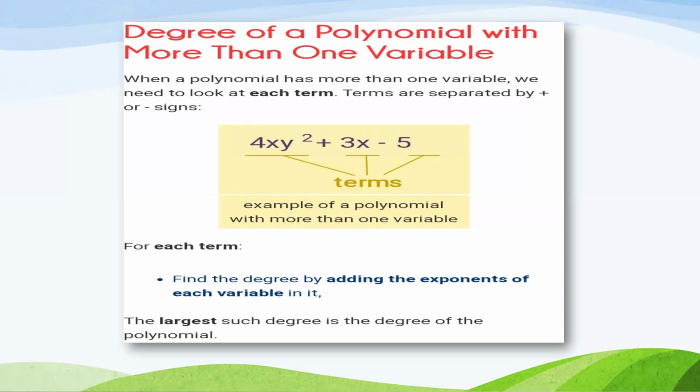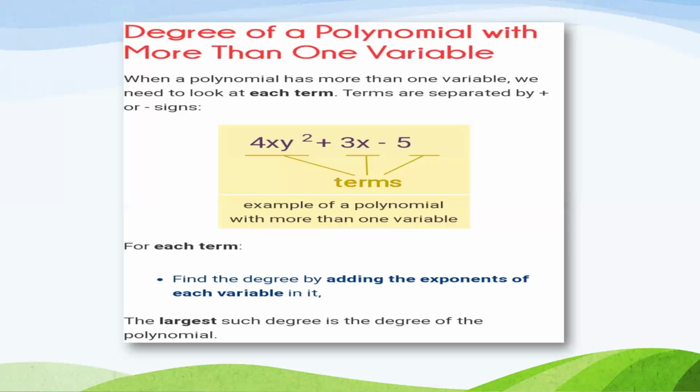How can we judge the degree of that polynomial? Here, x is also there and y is also there. So how can we judge the degree of the polynomial?